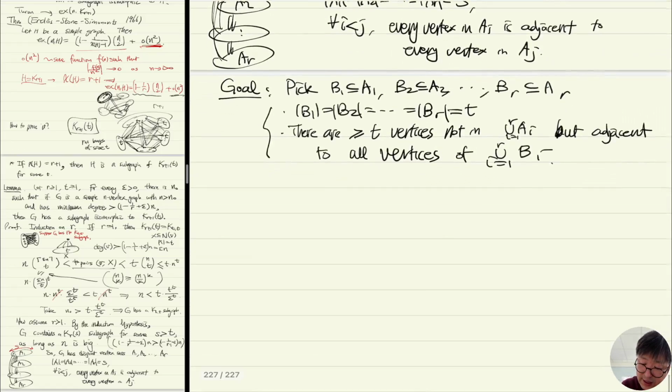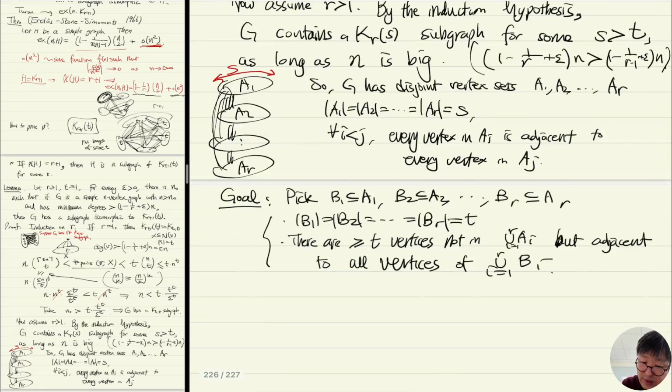Right? Because why? If that's the case, if we have B1, B2, B3, ..., BR, and if you have enough vertices outside which are complete to everybody, which are adjacent to everybody, then we will get a K_{R+1,T}. The size of this is T. Okay, so this is the goal.